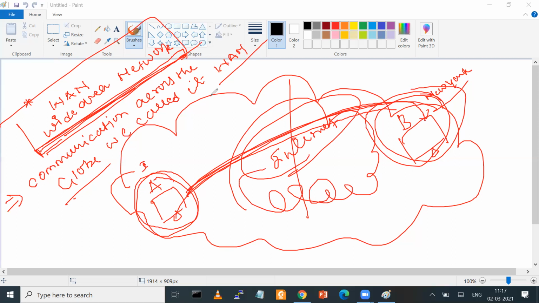Such a network we called wide area network, and it does cover a good range. If someone is connecting above 100 kilometers, such a network we called WAN.